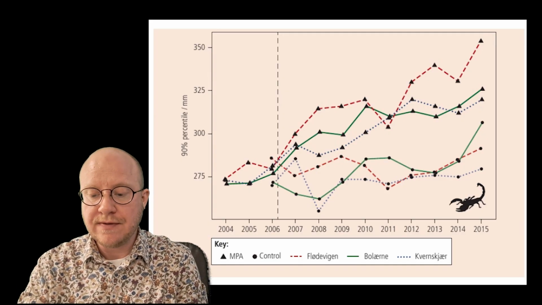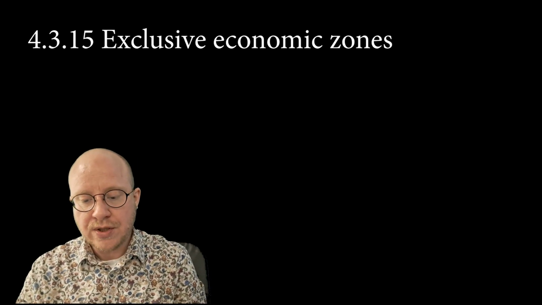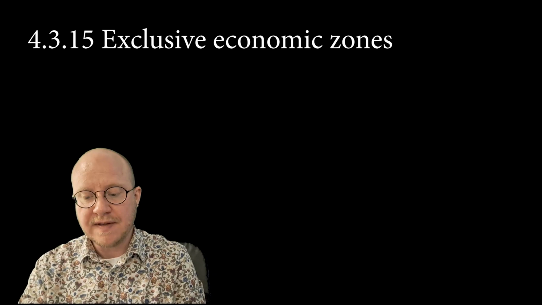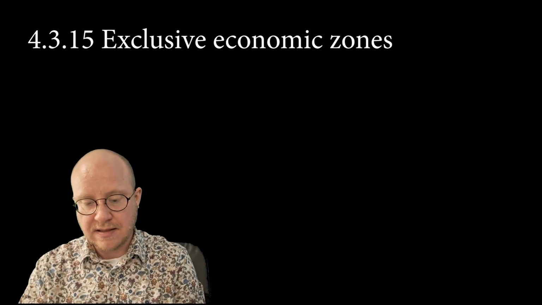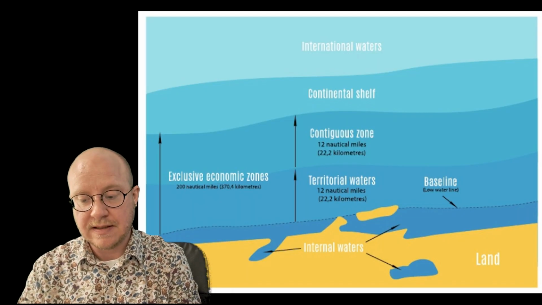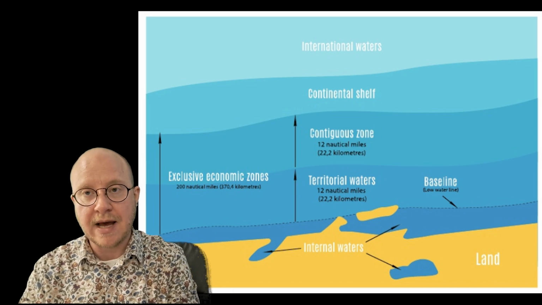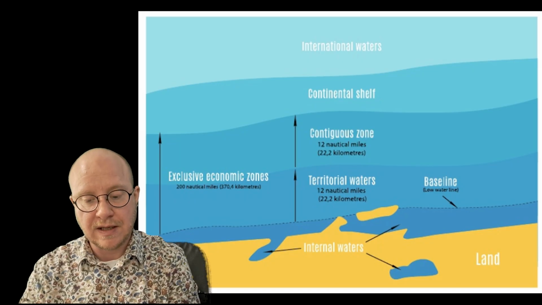4.3.15 Exclusive Economic Zones. According to the UN Convention on the Law of the Sea, UNCLOS, coastal states, it's countries that have coastlines, that live by the sea, have an exclusive economic zone stretching 370 kilometers out to sea, within which the state's government can regulate fishing.